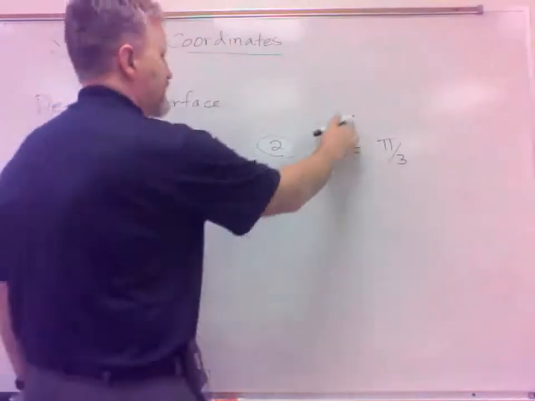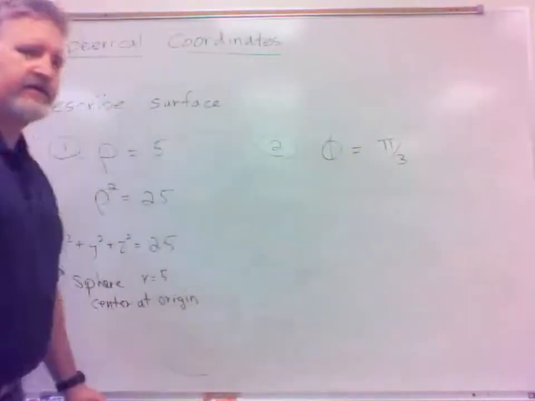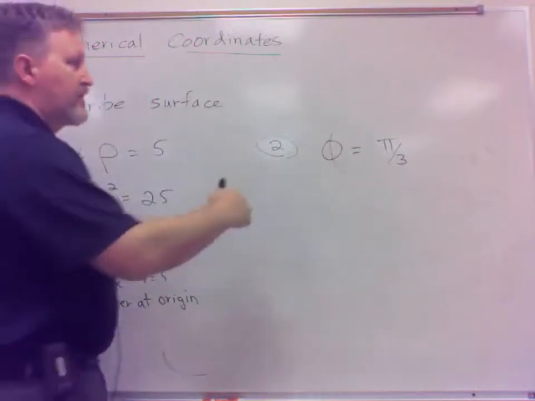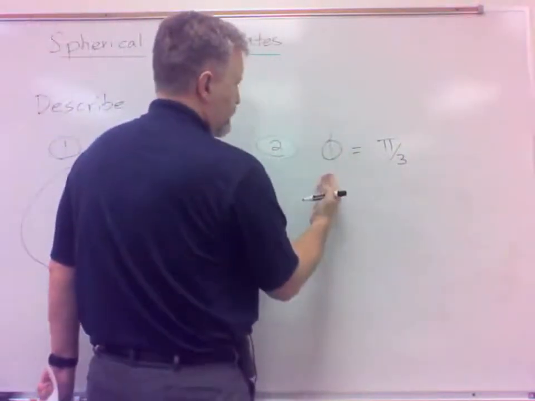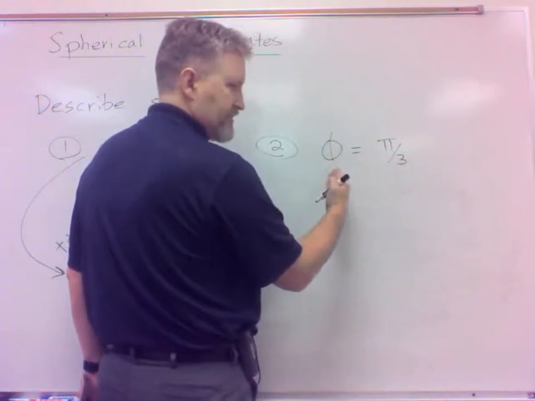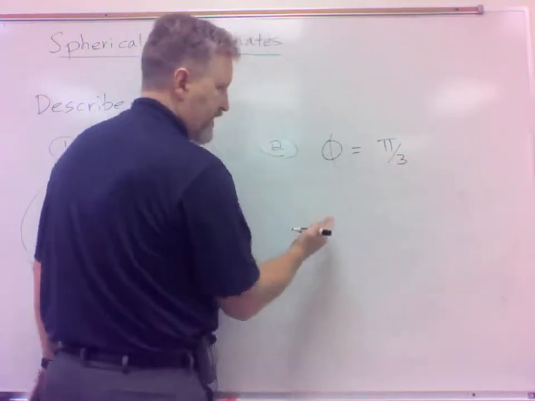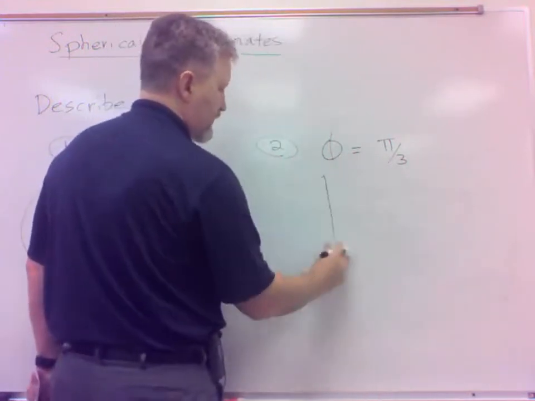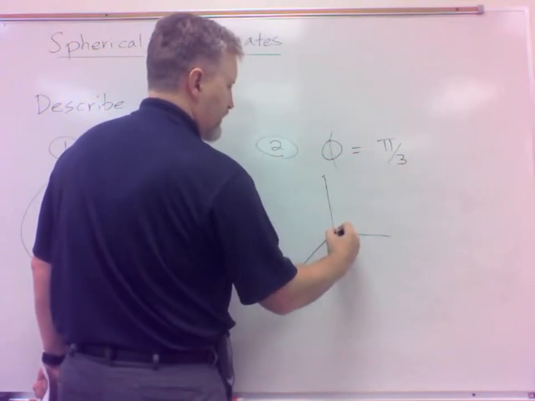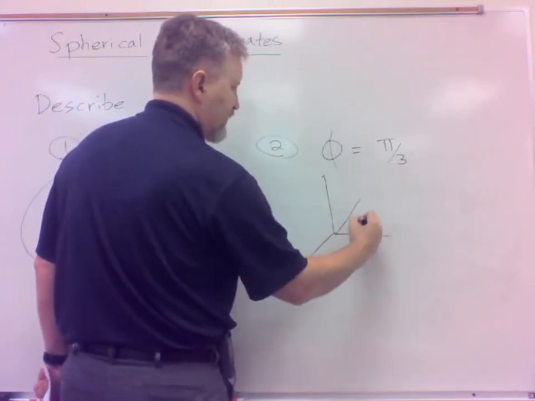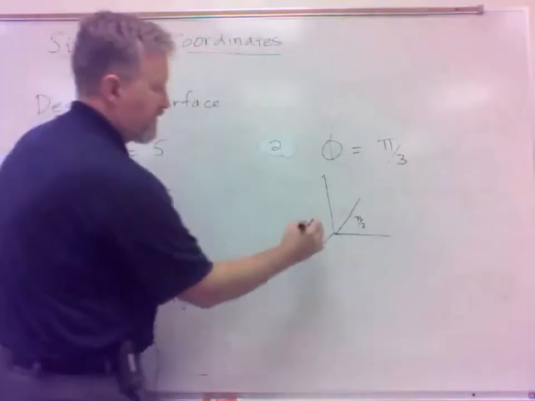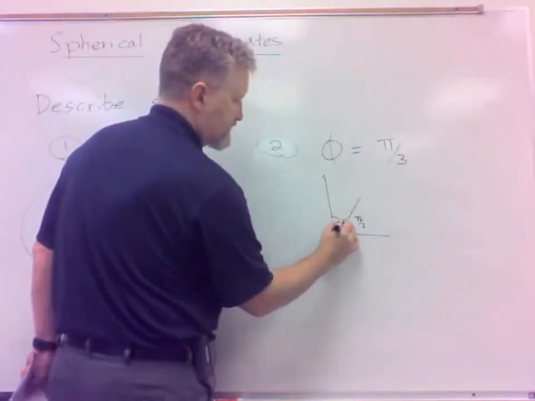This is phi equals pi over 3, so that means we're talking about all the points with the angle phi equals pi over 3. Well, that's the angle with the z-axis, and so we're talking about all of these points where we have an angle of pi over 3 from the z-axis.